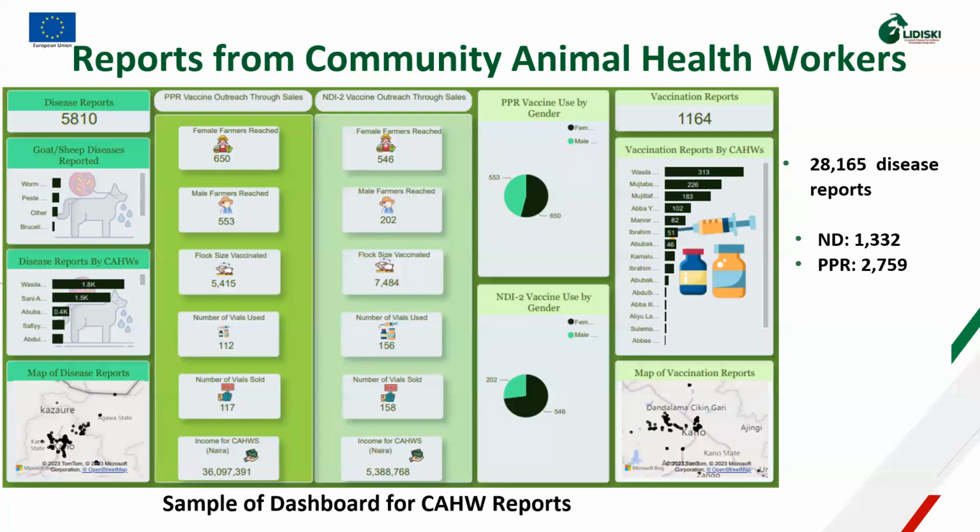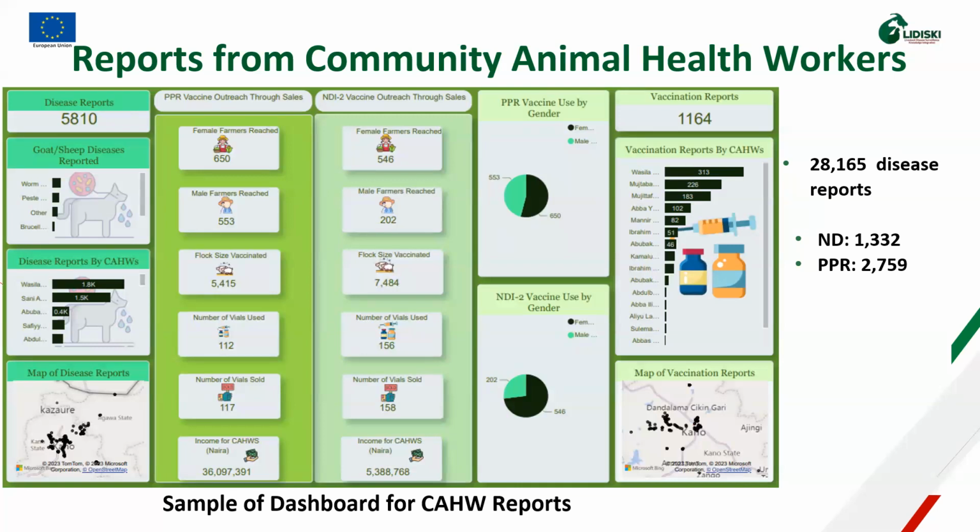It also shows you the diseases reported based on which community animal health worker is reporting more. It also shows you the map of where the reports are coming in from.